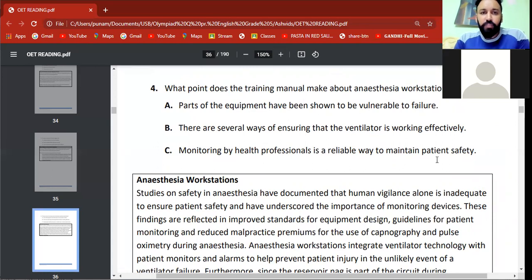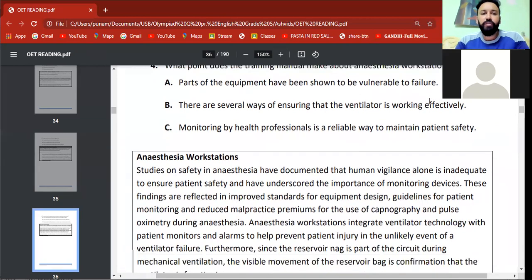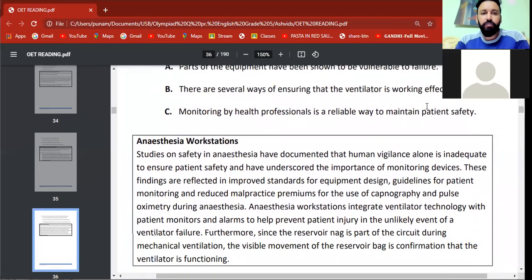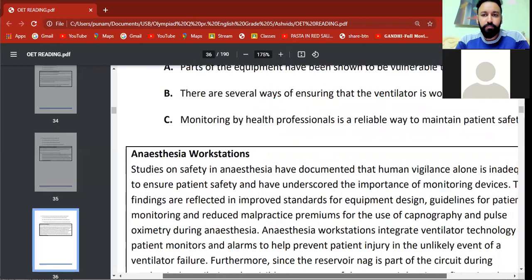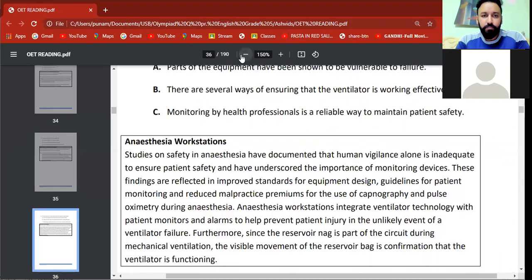Now let's go for this. What point does the training manual make about these workstations? You can read it. Anesthesia workstations. Studies on safety in anesthesia have documented that human vigilance alone is inadequate to ensure patient safety and have underscored the importance of monitoring devices.